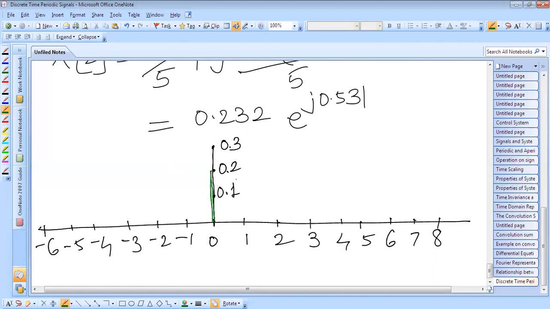Then x of 1, the value of x of 1 is 0.276. So this is coming somewhere here, 0.276 like this. Then x of 2 is 0.232. So this is coming somewhere else.